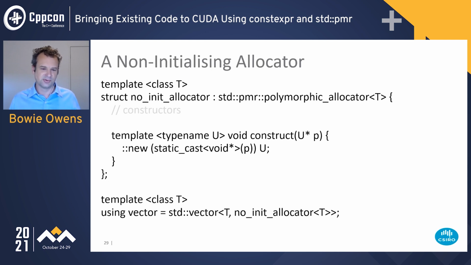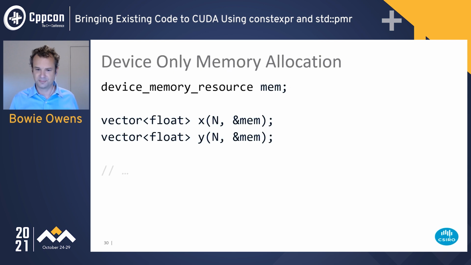And so to make our lives easy, we're going to copy the pattern that the standard library actually uses, and we're going to introduce an alias so that we don't have to repeatedly mention the name of the allocator, because then it gets to be a lot of typing very quickly. So let's go back to that recent example and consider how this helps. Okay. So now I've taken away the standard PMR from the front of vector.